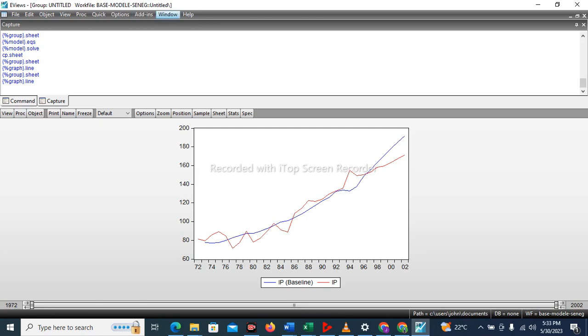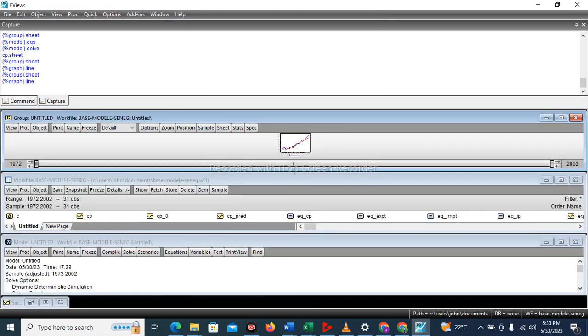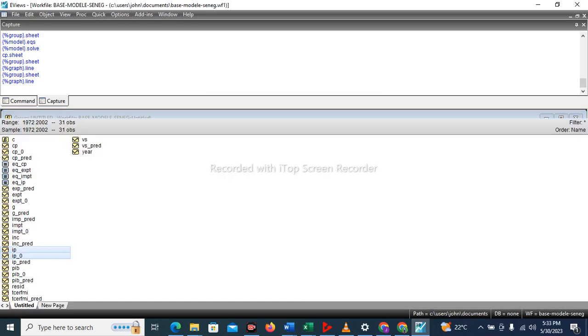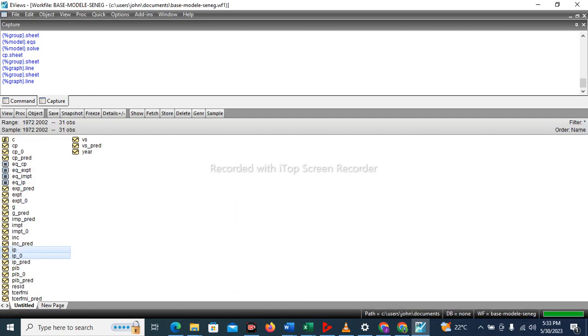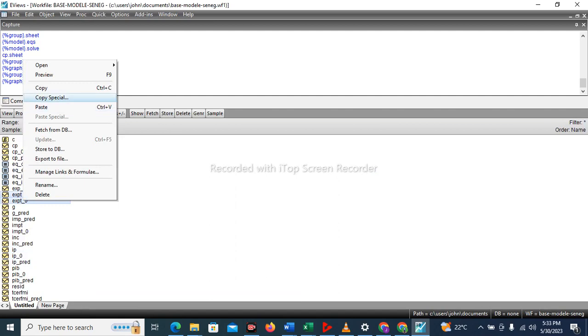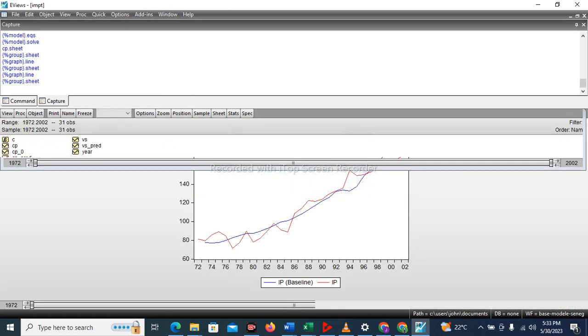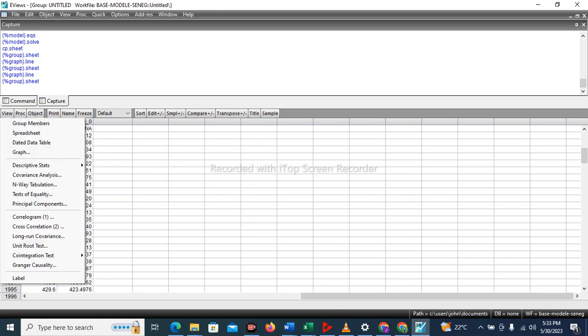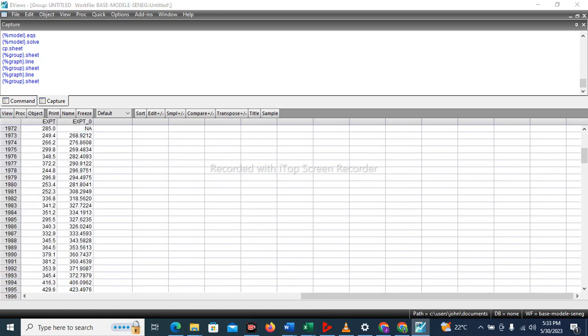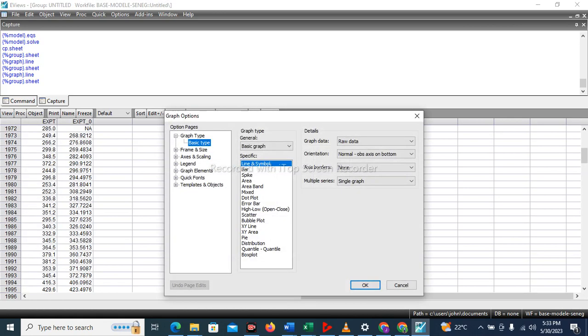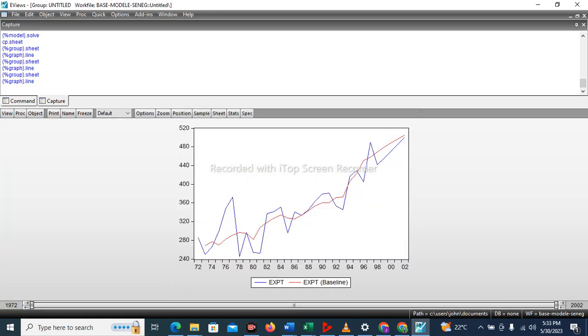That is private investment. Let's look at our exports, as a group. We need to see it in graph. Those are the results.